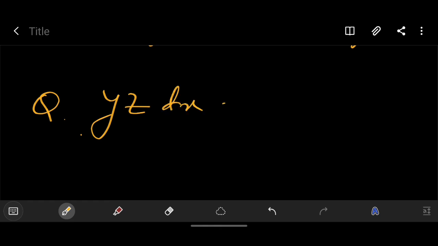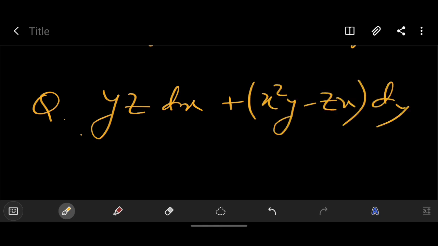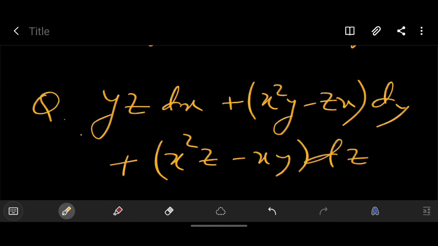And the second question is to solve yz dx + (x^2 y - zx) dy + (x^2 z - xy) dz = 0.